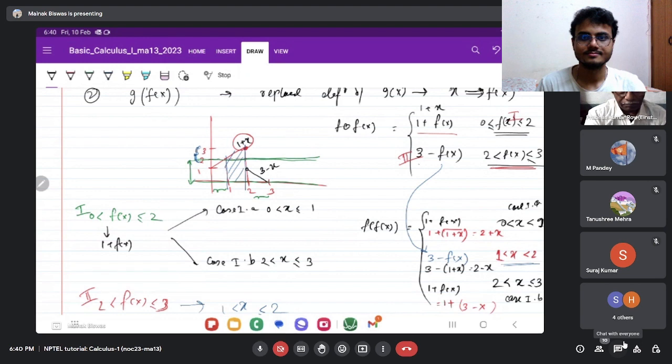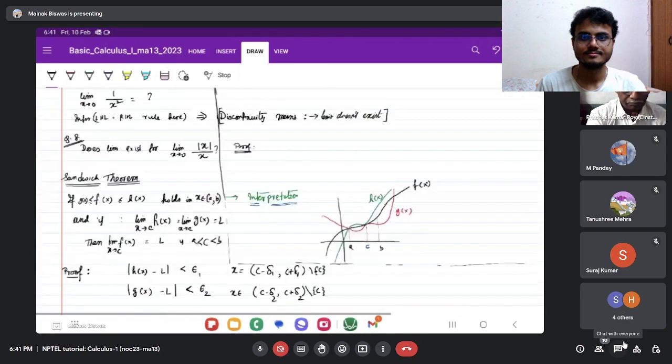It is not 1 plus x because this part is remaining, because we are seeing f of x and not x. f of x we have to see along y, along the y direction. That's the idea. So now I think it's clear to all of you, right?